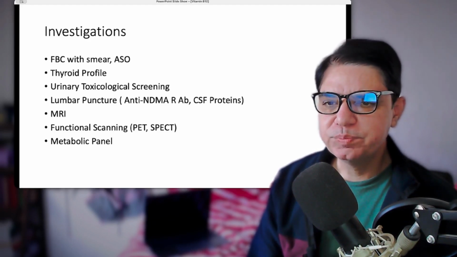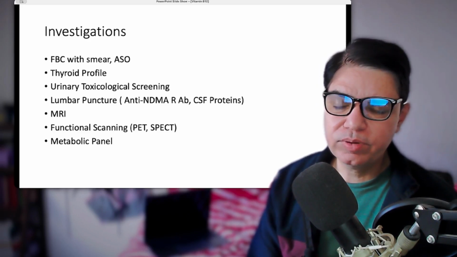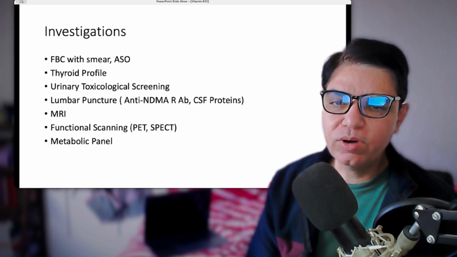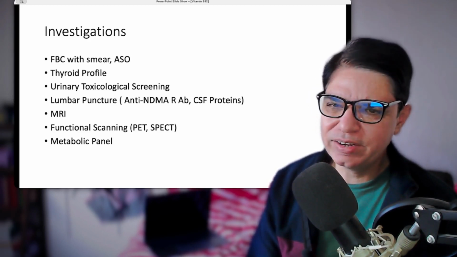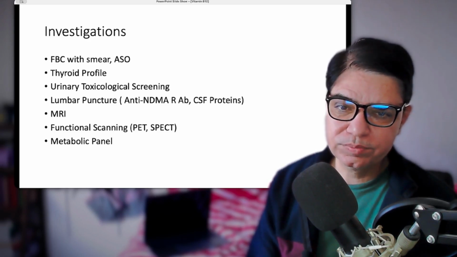But if needed, lumbar puncture can yield important diagnostic clues, because if you are suspecting somebody of having NMDA, which stands for N-methyl-D-aspartate receptor encephalitis, these NMDA receptors are there on the neurons.